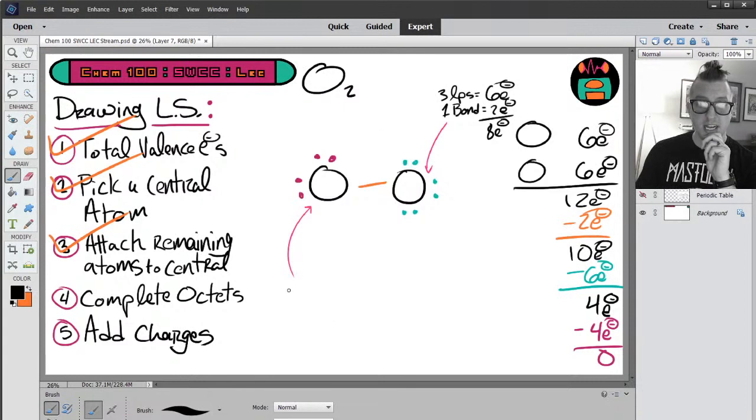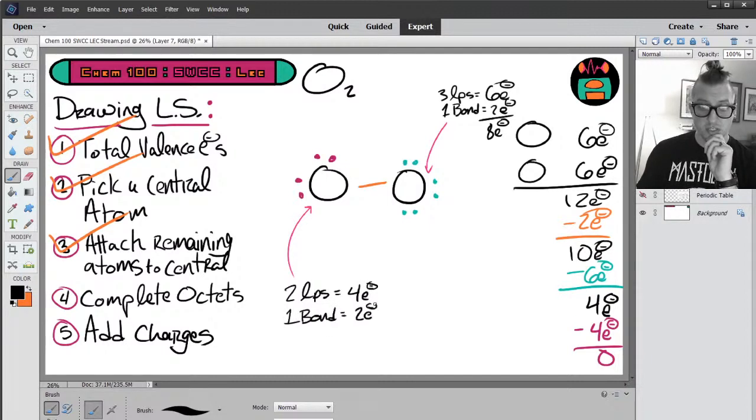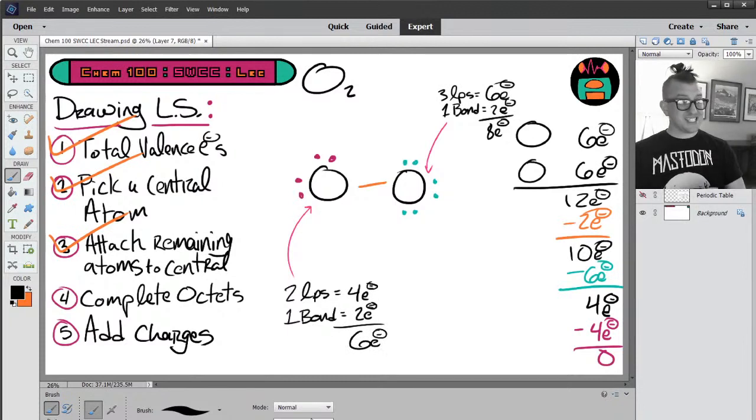Our second oxygen has 2 lone pairs, so that's 4 electrons. And 1 bond, which is 2 electrons. So at this moment in time, it only has 6 electrons.